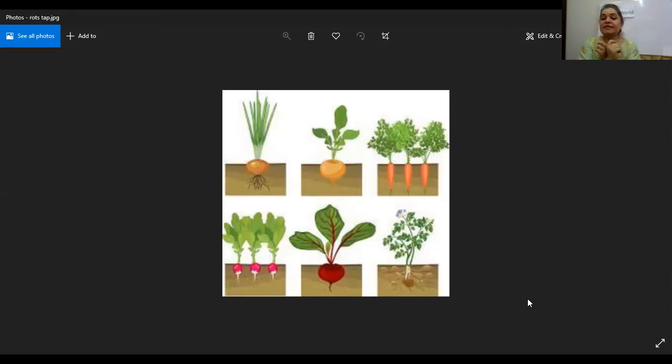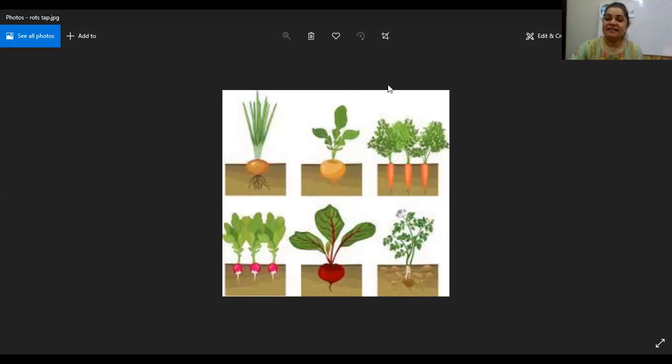Even garlic is taproot, onion is taproot, turnip is taproot, radish is taproot, carrot is taproot, beetroot is taproot, sweet potato is taproot, then potato is taproot, then ginger is taproot. So see, there are many different kinds of tap roots which we eat, and that is so amazing.